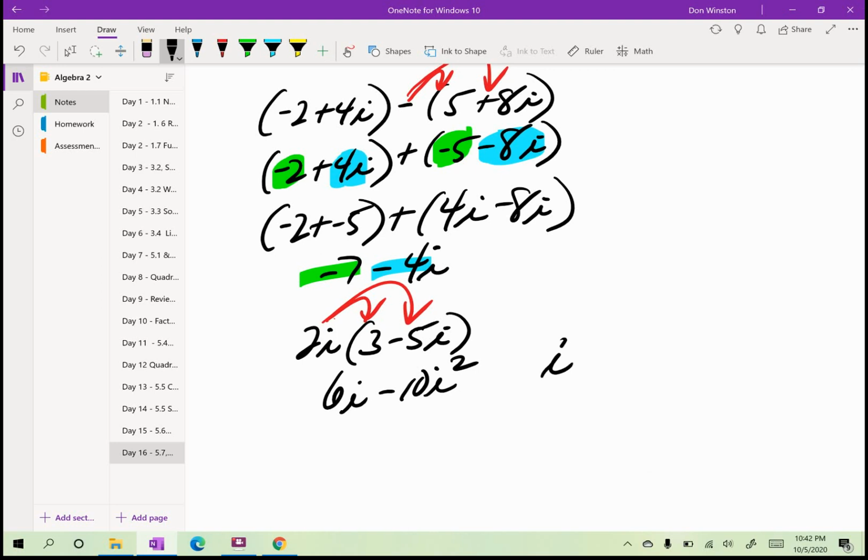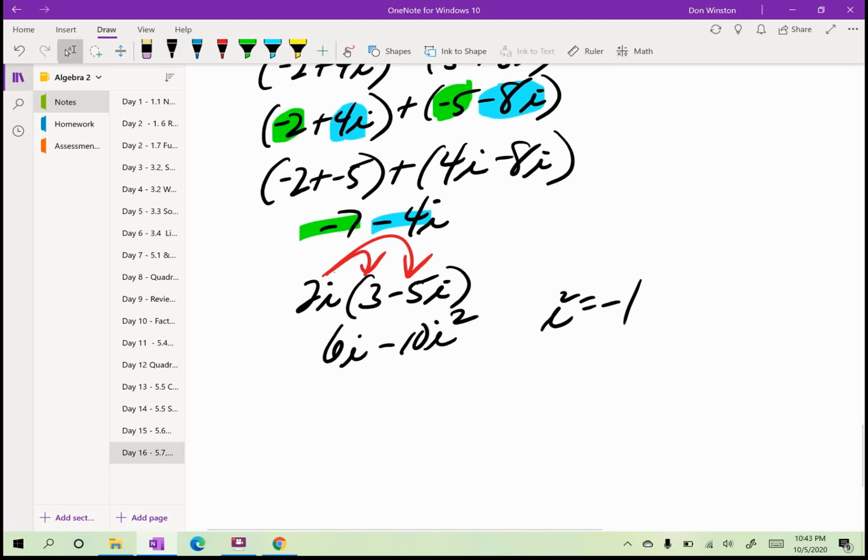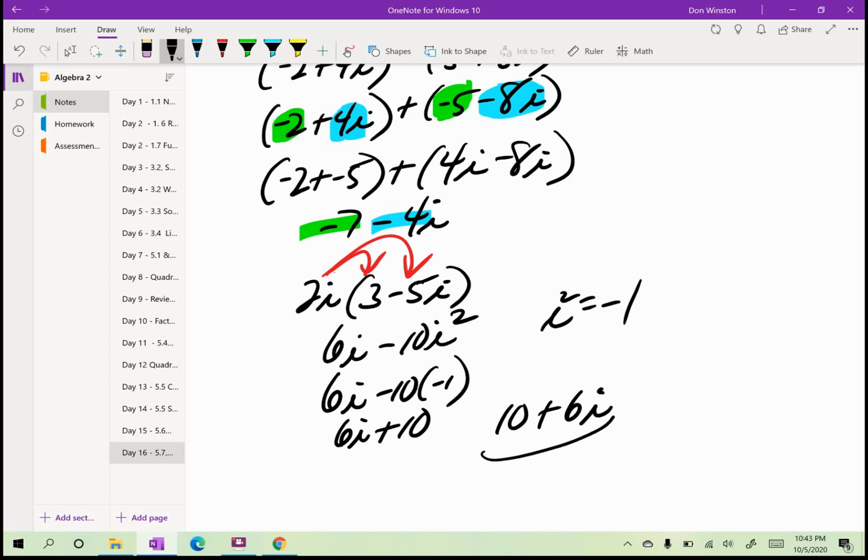But remember, i squared is equal to what? -1. i squared is equal to -1. So we have 6i minus 10 times -1, which is just 6i plus 10. But that's a no-no. We write the real part first, followed by the imaginary part. And final answer. Okay, so there's your answer there.